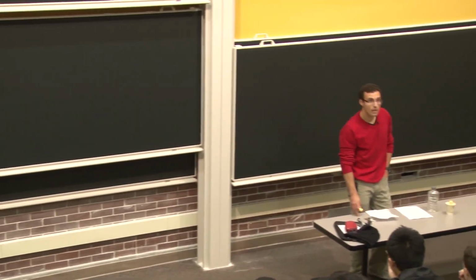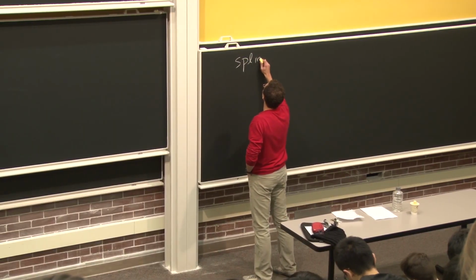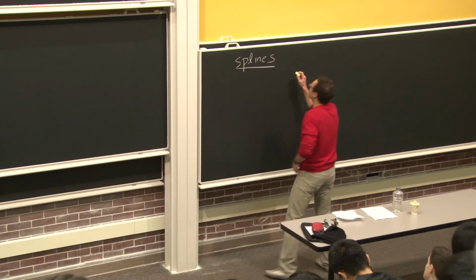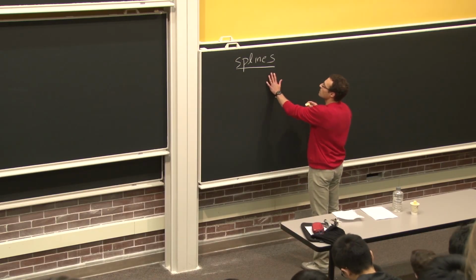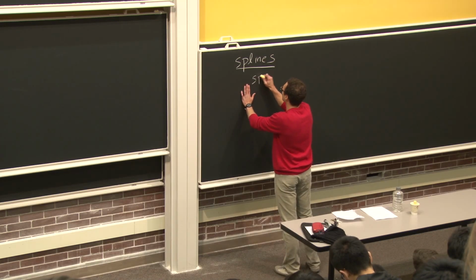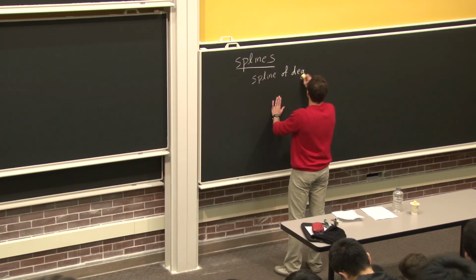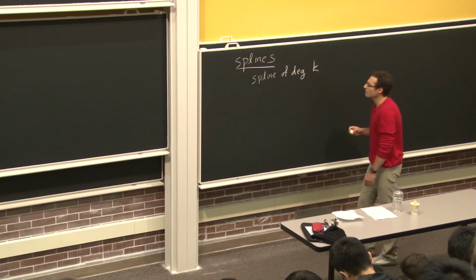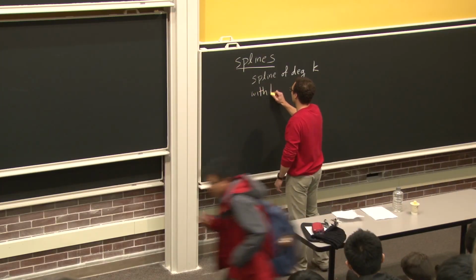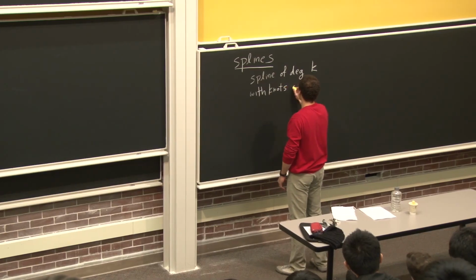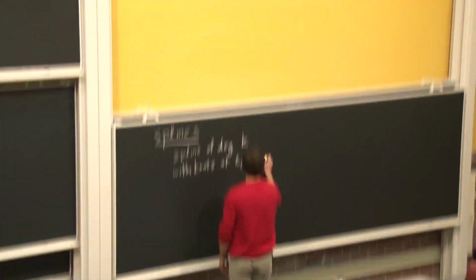So let's talk about splines. Splines are simply piecewise polynomial functions. So let's specifically think of a spline of degree, say, k, with knots at some locations, say, t1 through tm.